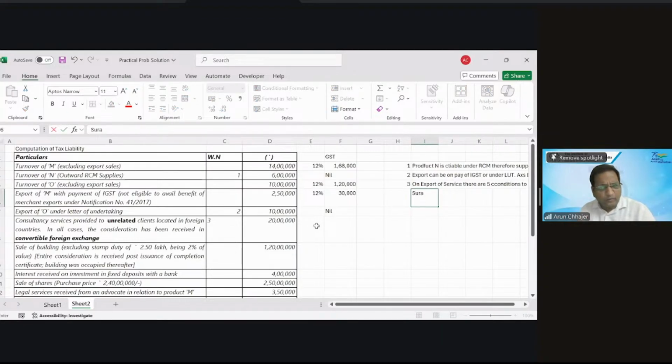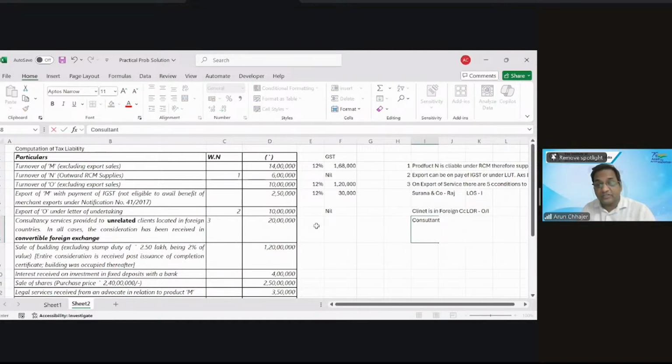So just for better understanding, I'm saying Suran and company located in Rajasthan. So location of supplier is in India, satisfied. Client is in foreign country. So location of recipient is outside India, satisfied.